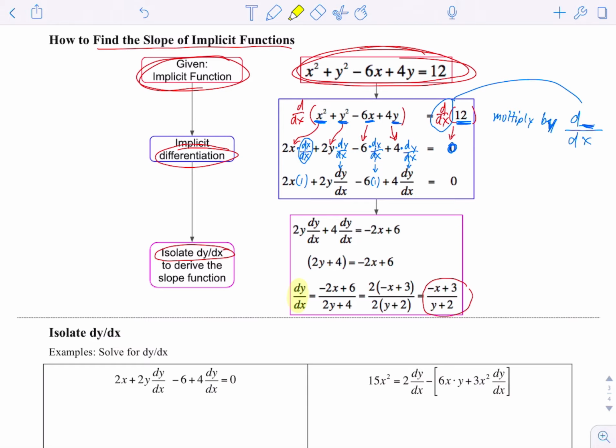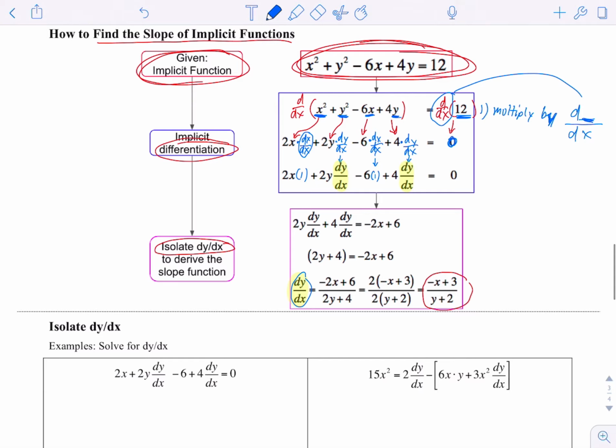Notice we have dy dx here and here, so we're going to need to do some simplification, combine like terms, and then isolate the dy dx. So if step 1 is implicit differentiation, the next one is isolate dy dx.